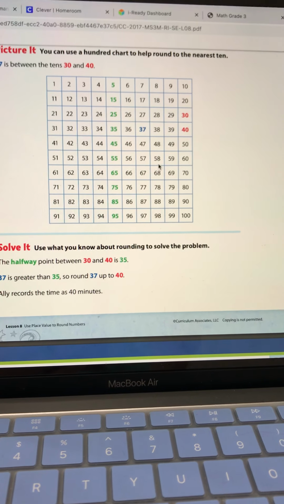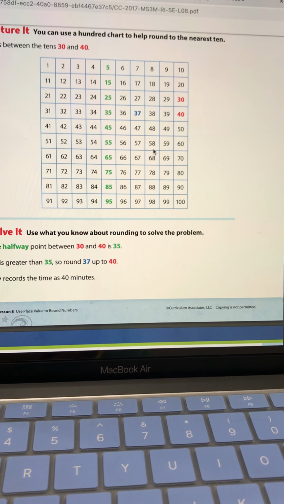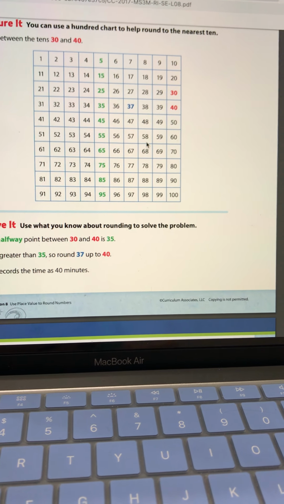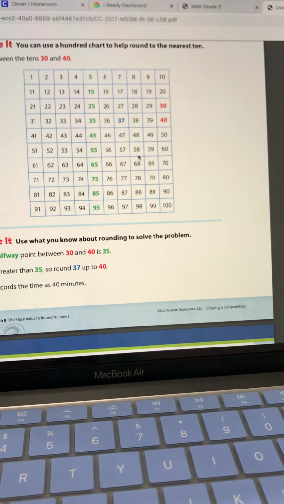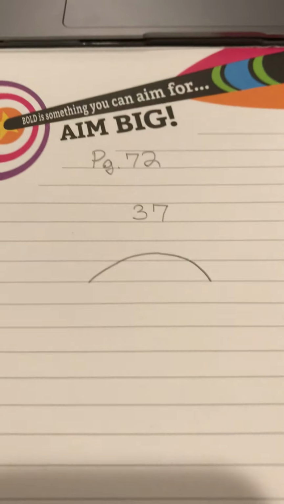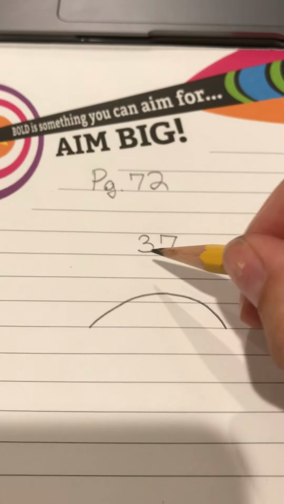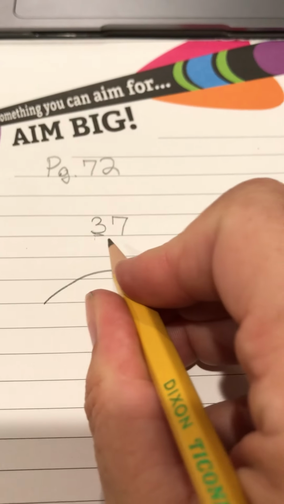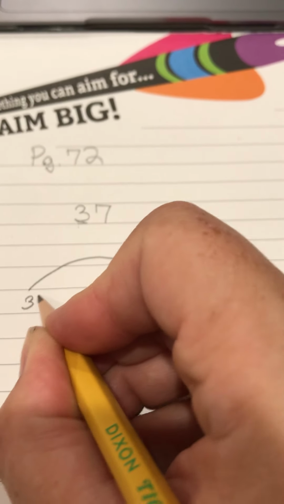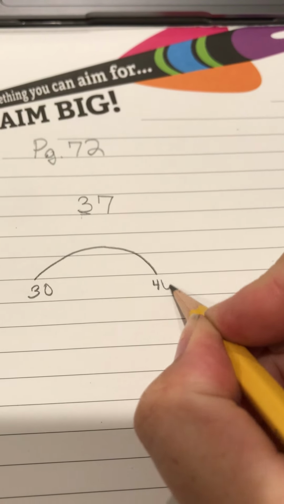Now I would like for us to look at this number 37 and use our roller coaster rounding on our number line. And I would also like us to look at 37 and use our buddy rounding, just as a way to check it. So we're rounding to our tens place, remember. So on a number line, you're going to start with the 10 that you see, which is our 30. And then you jump up to the next 10, which is our 40.